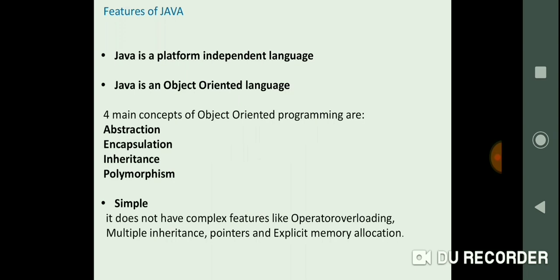Now the features of Java. As I have already explained, Java is a platform independent language, and how that is platform independent. So the first and most important feature is that Java is a platform independent language. Second is Java is an object oriented language.